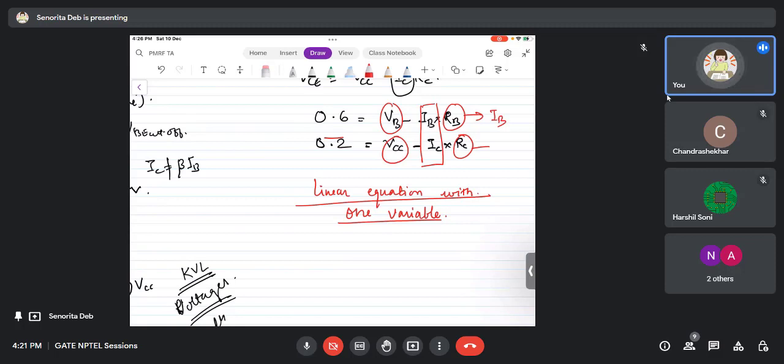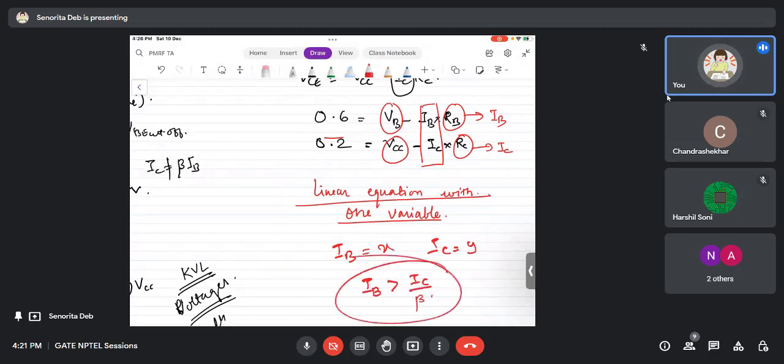You will get some value of IB and some value of IC, and you will see that this value of IB will always be greater than IC by beta. If this is satisfied, it is in saturation. So we proceed in this way with this kind of question.